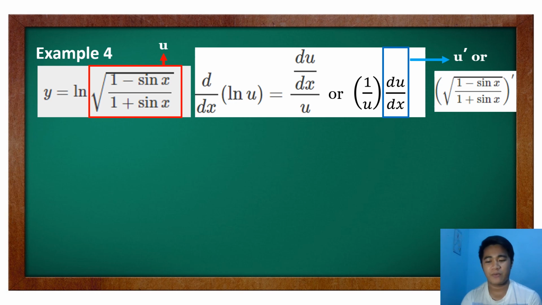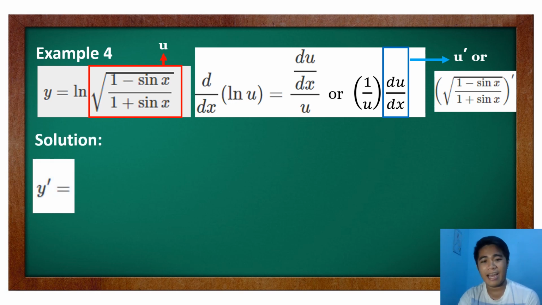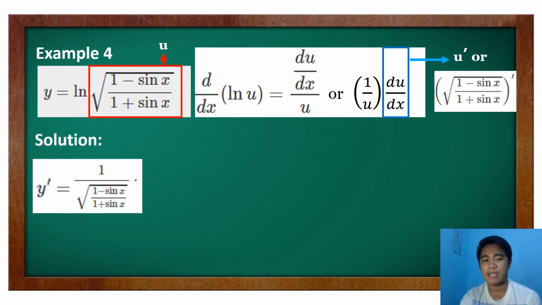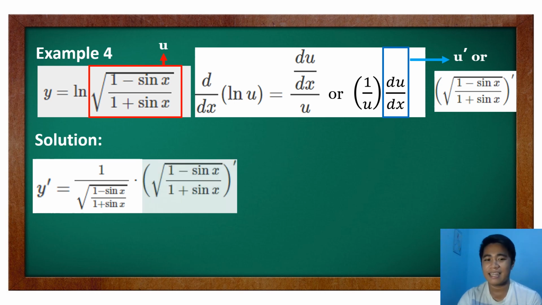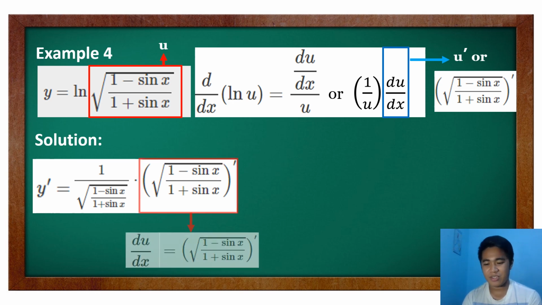So in our solution we will have 1 over u, so 1 over that square root of (1 minus sine x over 1 plus sine x), and then we multiply it by d over dx, the differentiation of that. In order to get the answer, we have to differentiate it first.